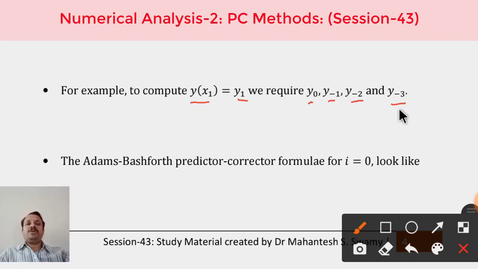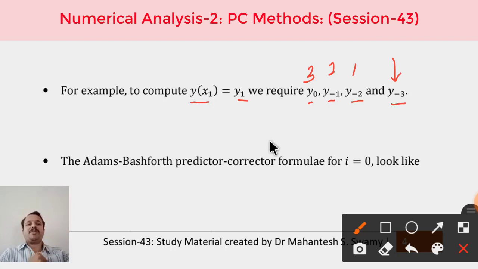Out of these four values, the very basic value will be given in the initial condition, and these three values are to be computed using the earlier known methods. So now there will be totally four values at our end.